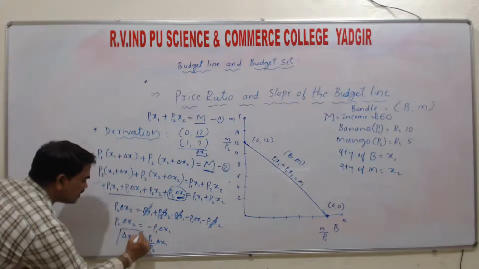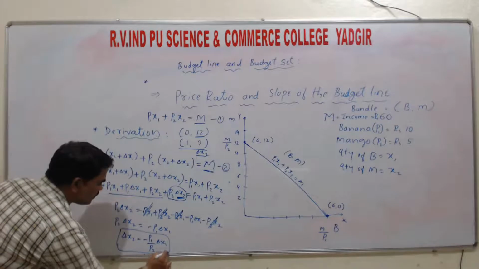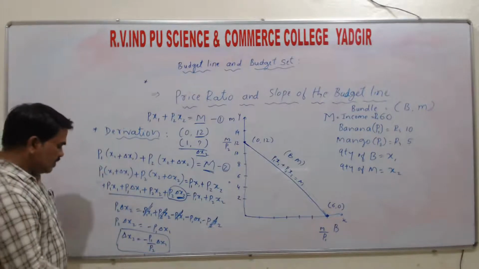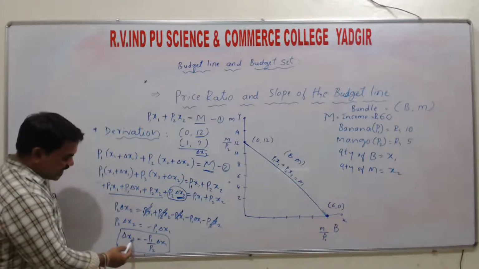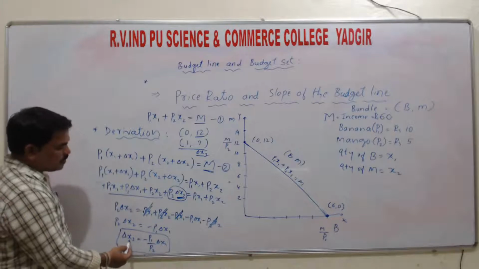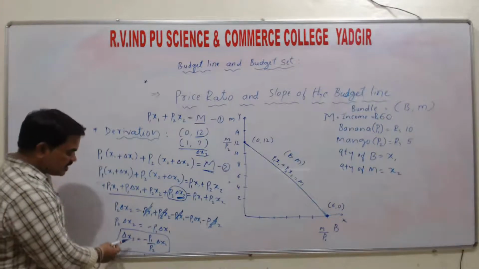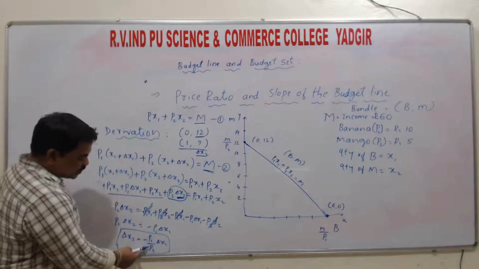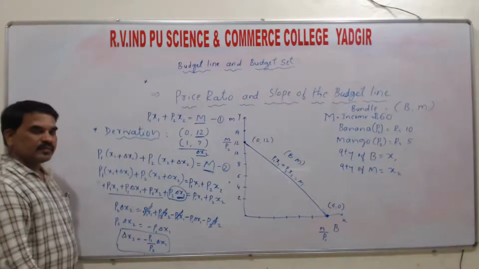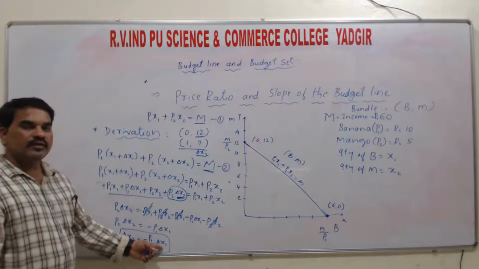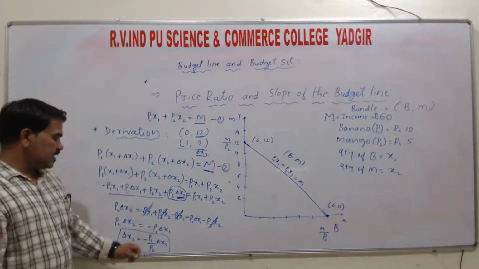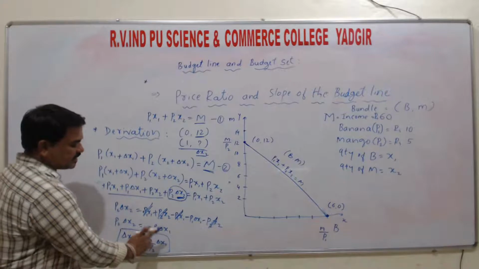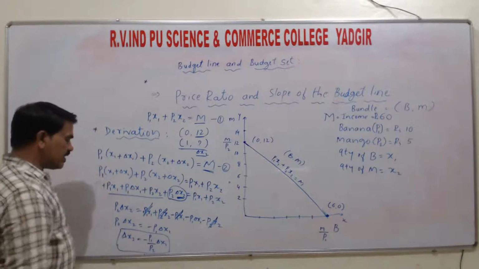Okay, this is the equation we have now. The change in the quantity, how much he has to change in mango. X2 is the quantity of mango. The change in the quantity of mango is the price ratio into the change in the quantity of banana, delta x1. Right?